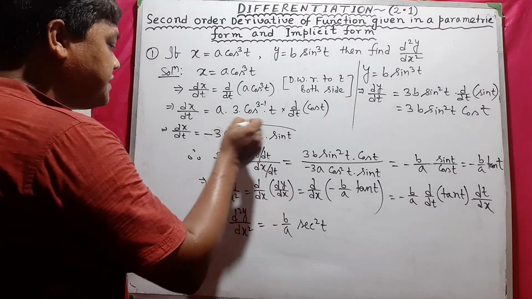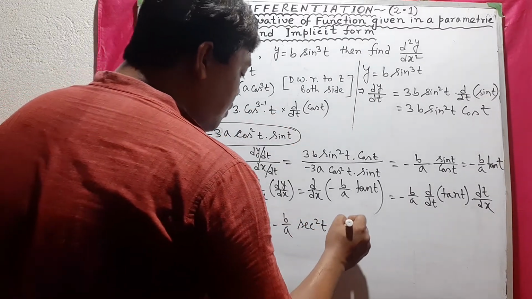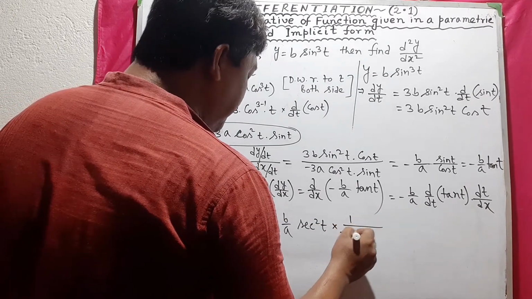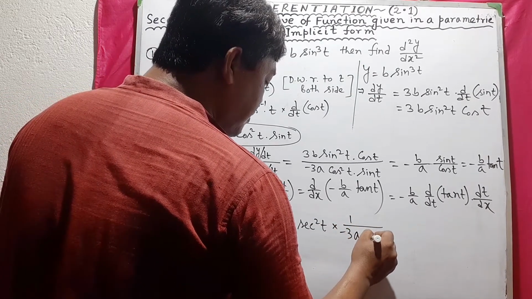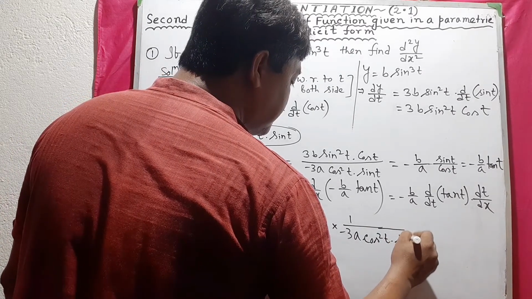What is my dx/dt? So dt/dx is the reciprocal, 1 by minus 3a cos squared t into sin t.